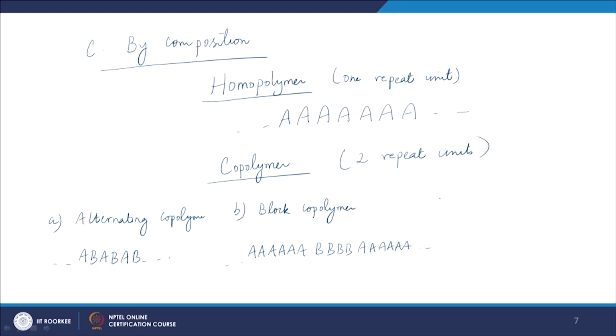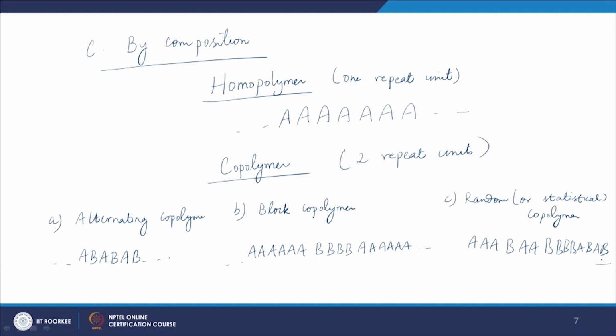And then we can have what is known as a random or statistical copolymer, which is where there is no particular order. So, it is not an alternating one or a block one. It can be, for example, 2 or 3 A's, then 1 B, then maybe 2 A's, then maybe 4 B's. There is no particular order in how they are arranged together. It's really statistical. It is not following any kind of rule.